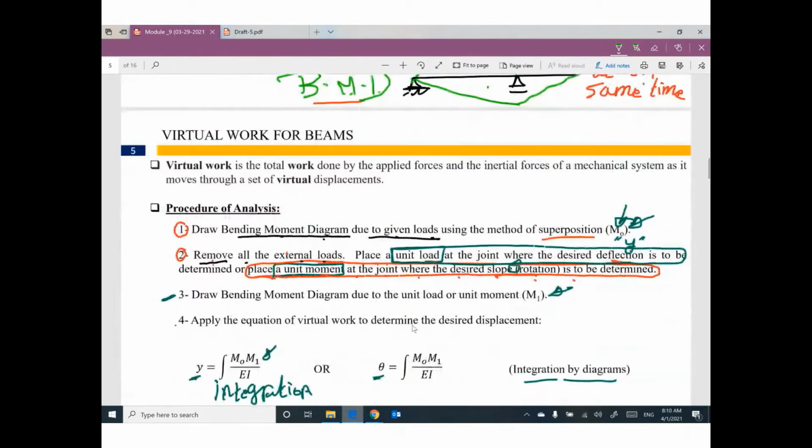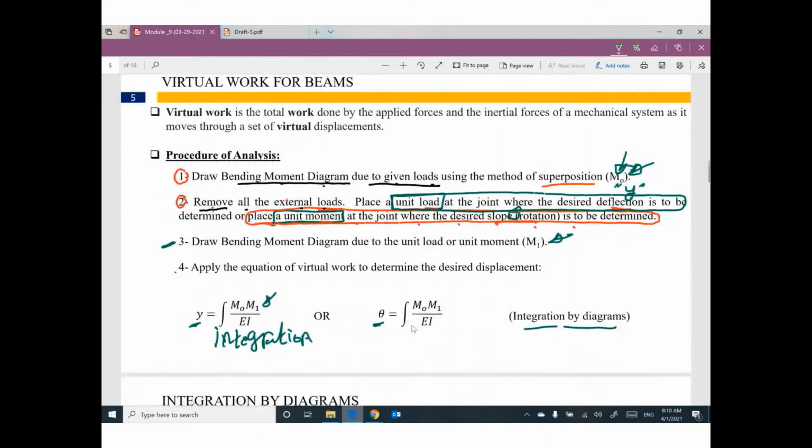By the way, I covered the steps for virtual work for beams. We have 4 steps. The first one, draw the bending moment diagram. The second step, remove the loads and put a unit load or unit moment, draw the bending moment diagram, and then go ahead and make the integration.